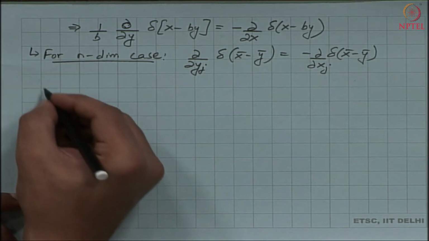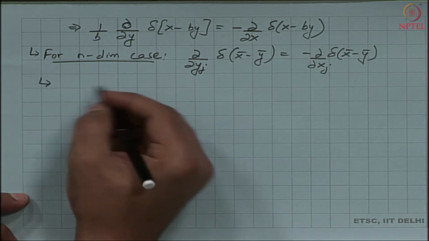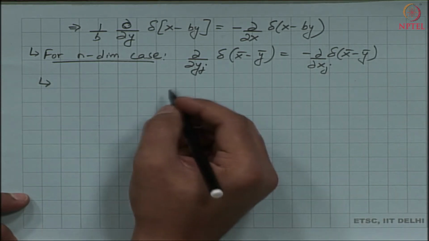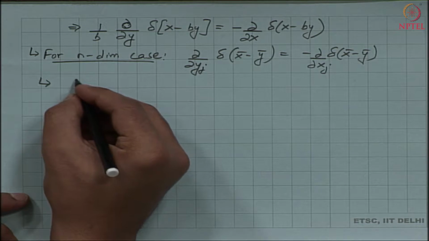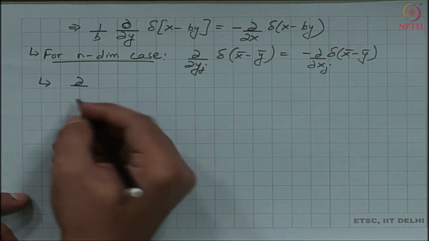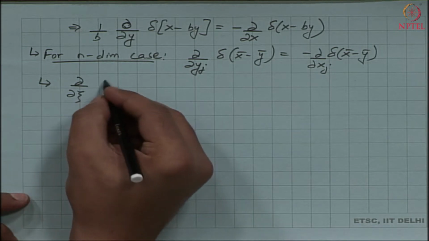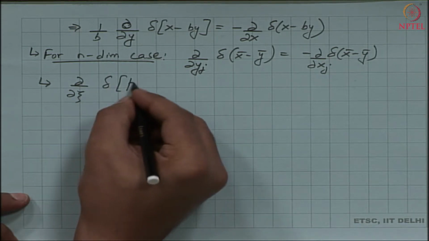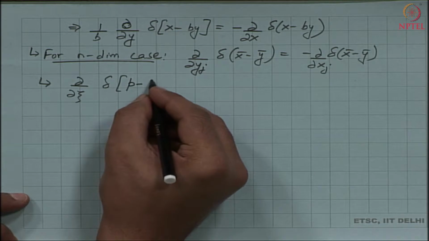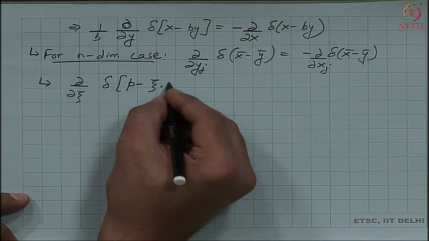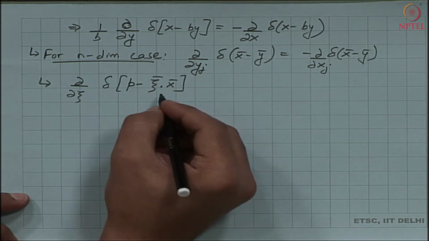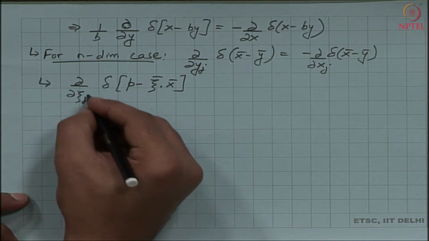These are some of the useful properties that I am going to be using in my following results. There is one more property, which concerns the derivative of the delta function in the hyperplane. So, now I am going to the hyperplane case: p minus chi times x. That is the derivative with respect to the hyperplane.